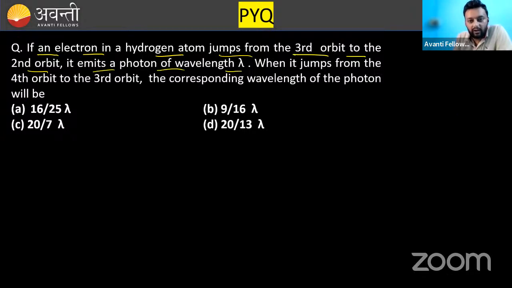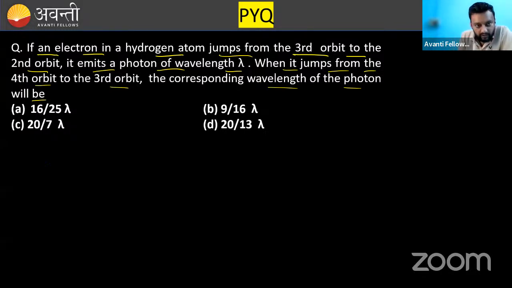When it jumps from the fourth orbit to the third orbit, the corresponding wavelength of photon will be? Now, this is a very interesting thing. Which formula should you use? I think the Rydberg formula comes to our mind whenever there is a transition, with orbits given, third to second, fourth to second, whatever is given. So we are going to use the Rydberg formula here.